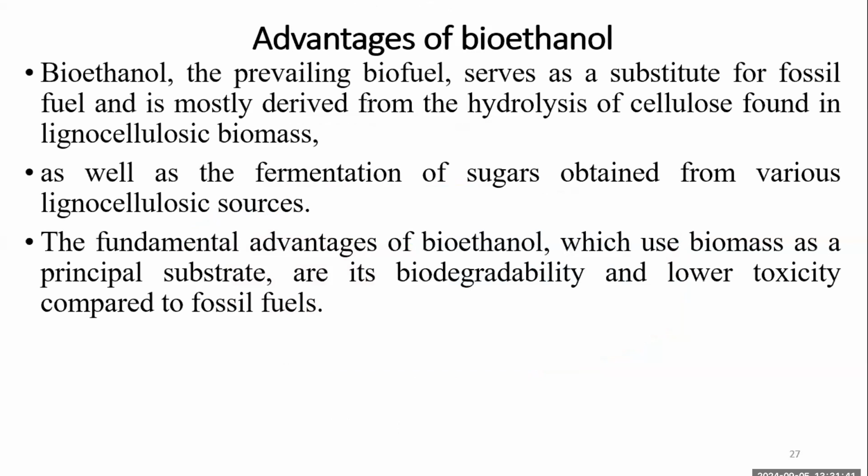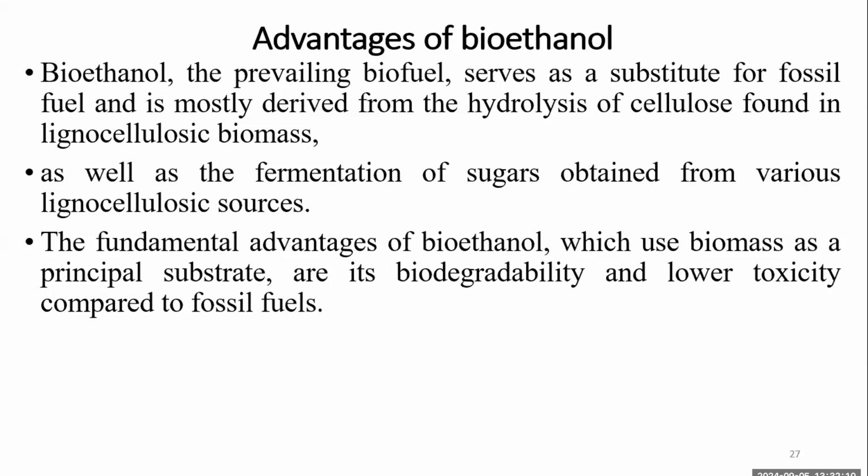So one of the advantages is that it's a major substitute, and it can be obtained from fermentation of sugars and various lignocellulosic sources. Lignin is a complex form of carbohydrate. The difference between this and starch and other fiber components is just the intramolecular bonding between these molecules.